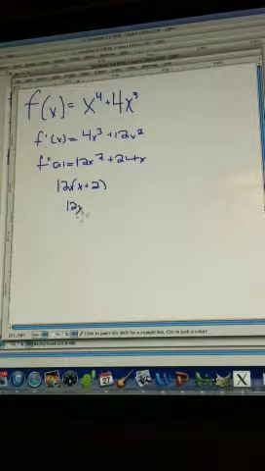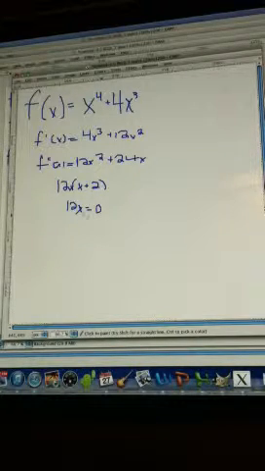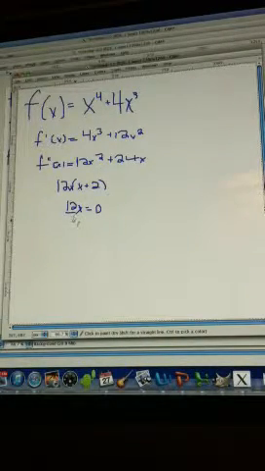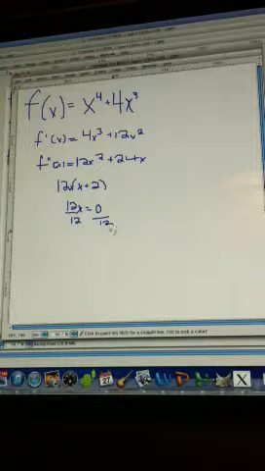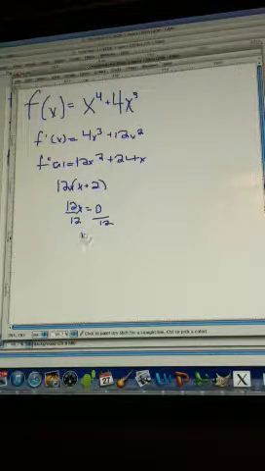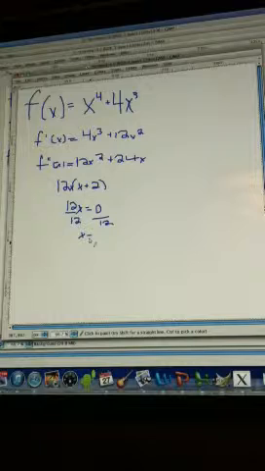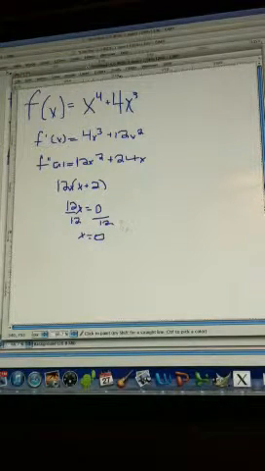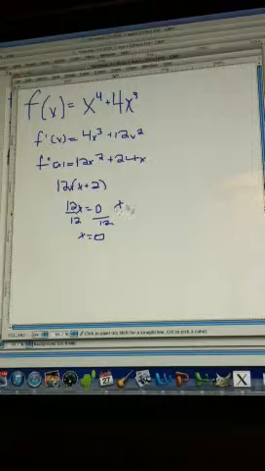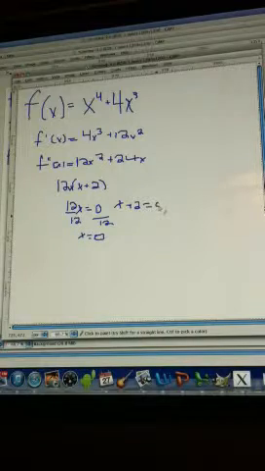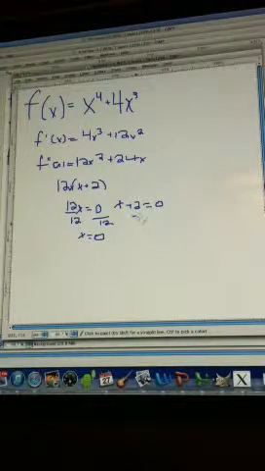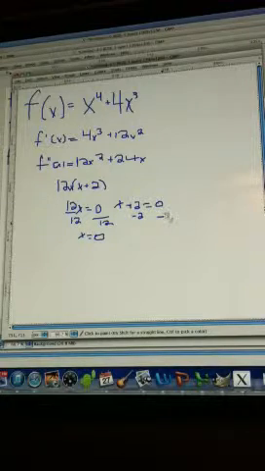You can set each part of your remaining function to 0 to find the separate zeros. So divide each side by 12, and you get x equals 0. And then you set x plus 2 equal to 0, and you'll end up with negative 2.